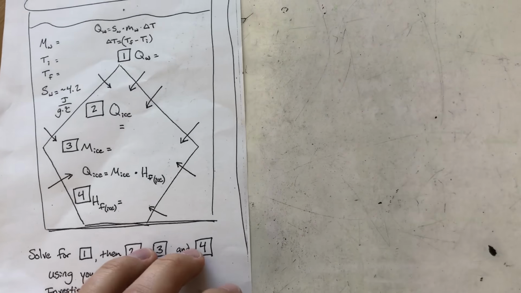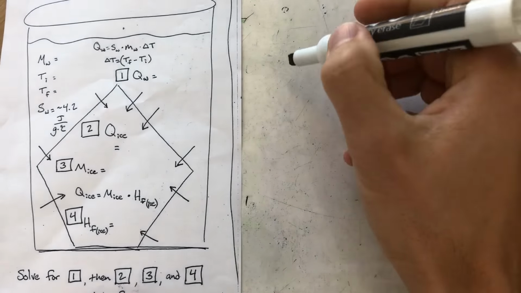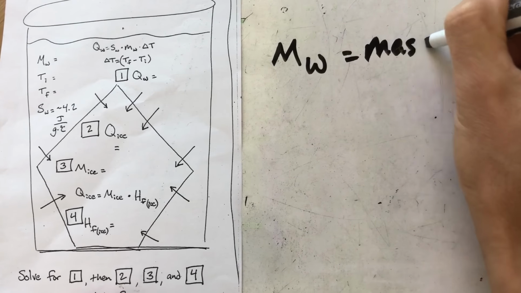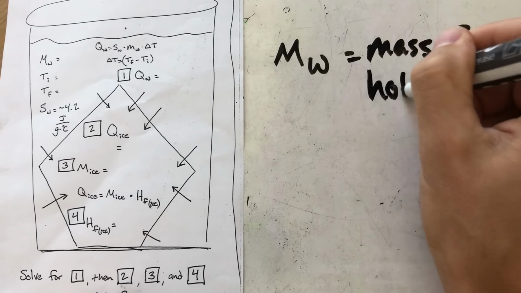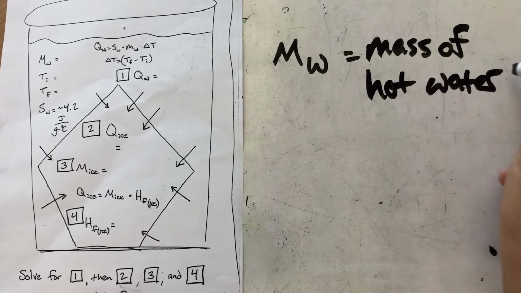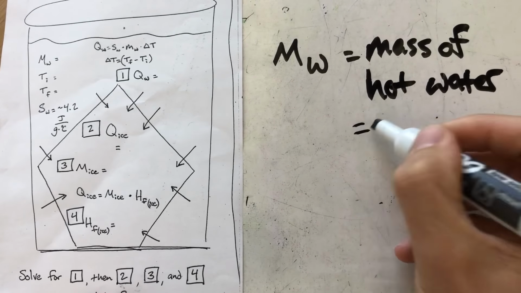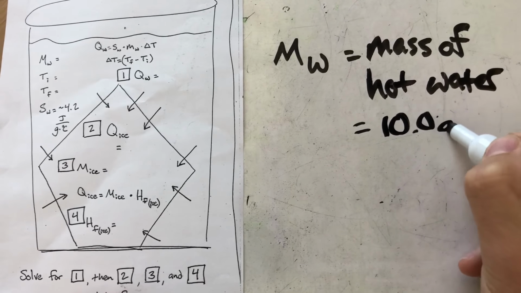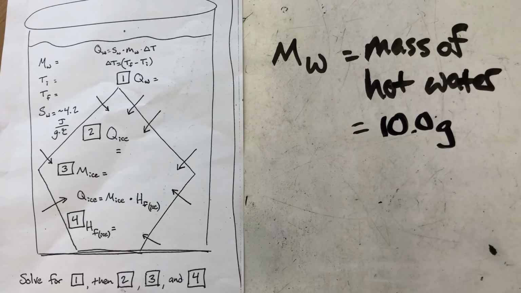Here we go. So now, let's say we have a mass value, the mass W, that's the mass of our water. Mass of hot water. Okay, let's say mass of hot water is, I don't know, 10.0 grams.